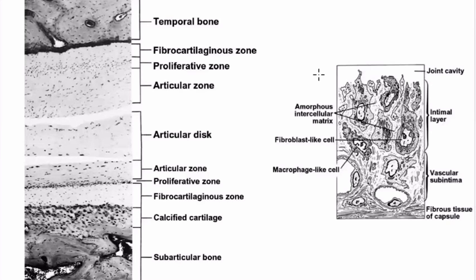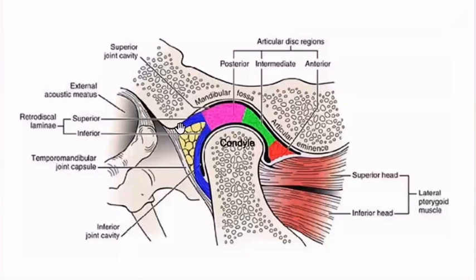It is found also that the disc has attachment to ligaments from the posterior, especially the posterior retrodiscal pad. We have ligaments from the bone to the cartilaginous part of the condyle.